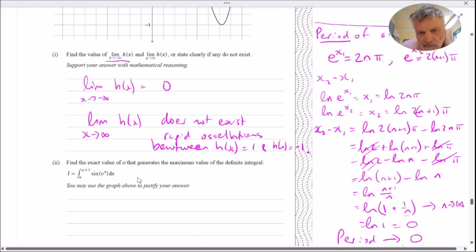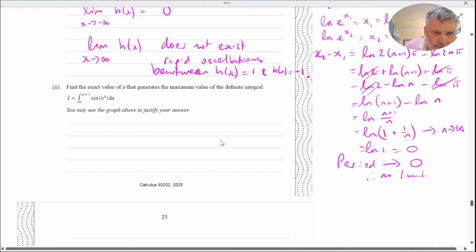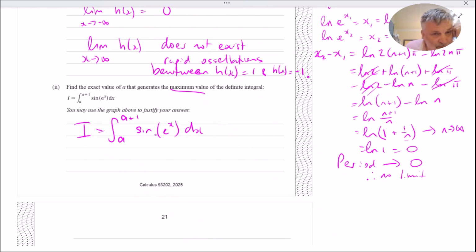Find the exact value of A that generates the maximum value of the definite integral. So if we've got an integral, we want to maximize this. To find maximums, we find derivatives. Derivatives of integrals are opposites, so we just get rid of the integral basically.